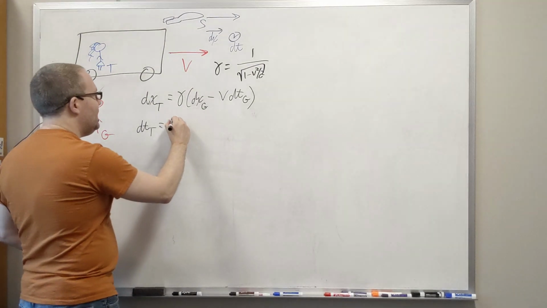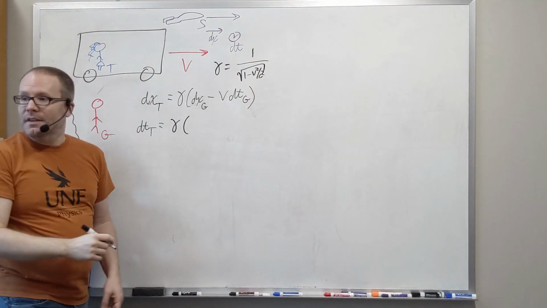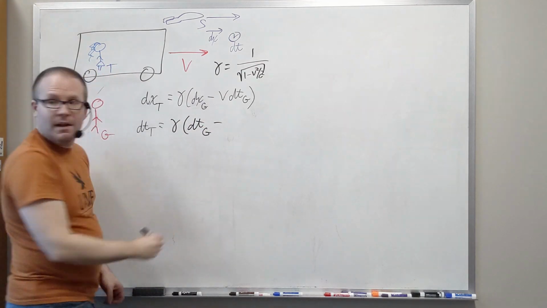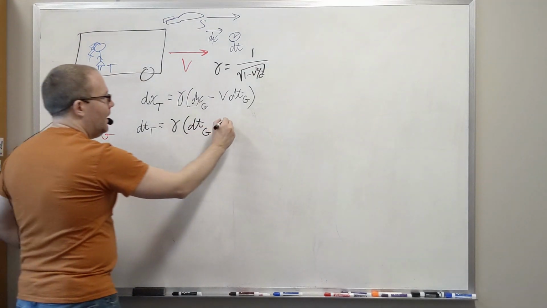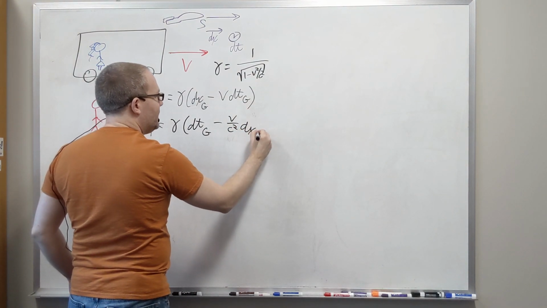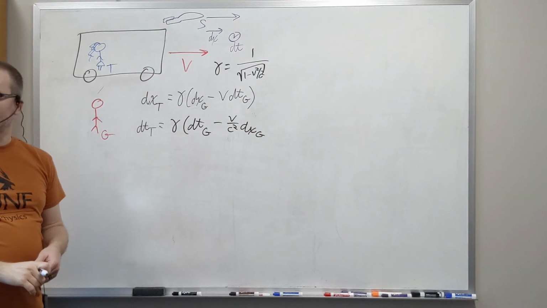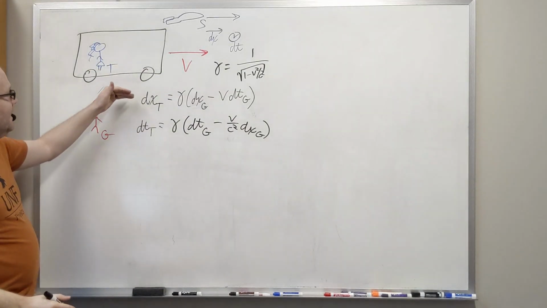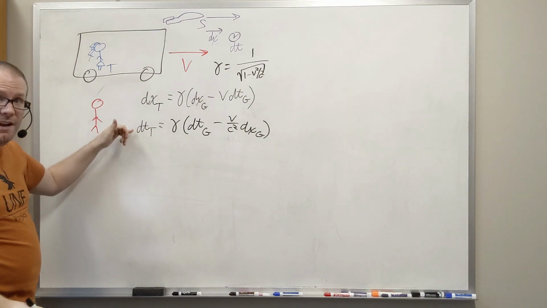We've also got to transform the time that's measured by the physicist on the train. And so this is going to be gamma times the time as measured by the physicist on the ground minus v over c squared times dx as measured by the physicist on the ground. Now, velocity is dx over dt, right? That hasn't changed.